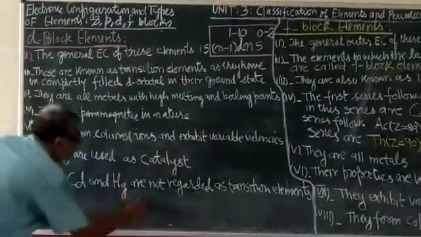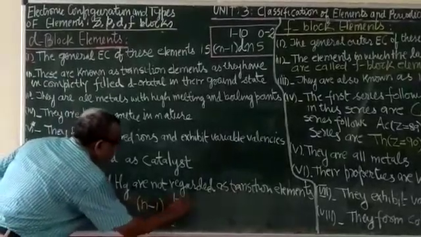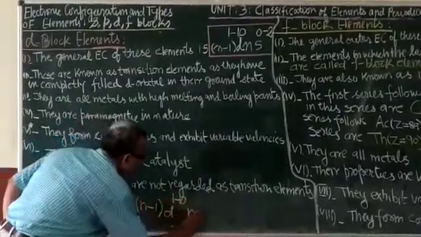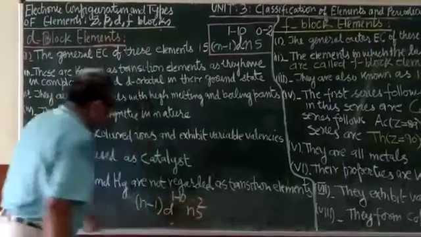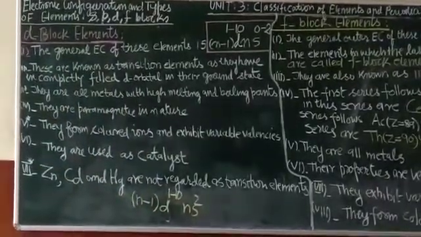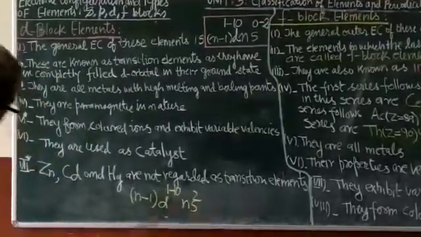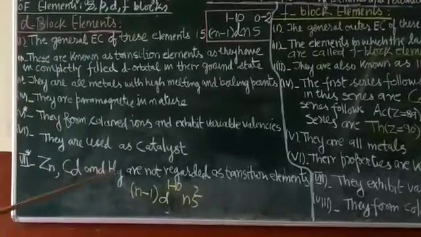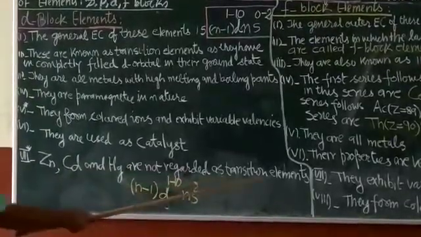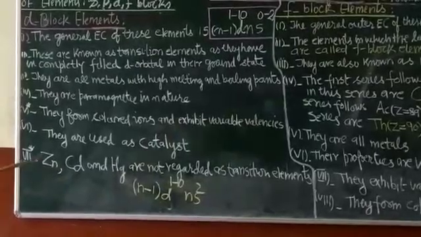That means they have (n-1)d 10, ns2. So their electrons are fully filled, and that is why, I repeat again, zinc, cadmium and mercury are not regarded as transition elements.